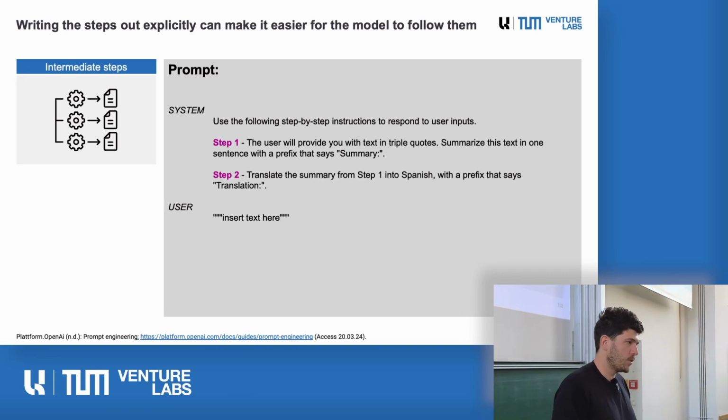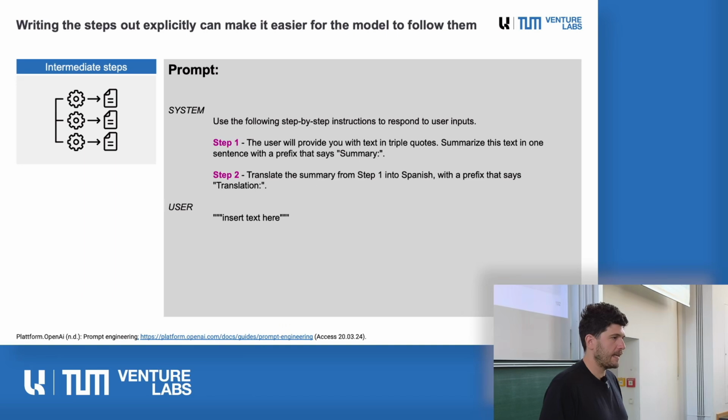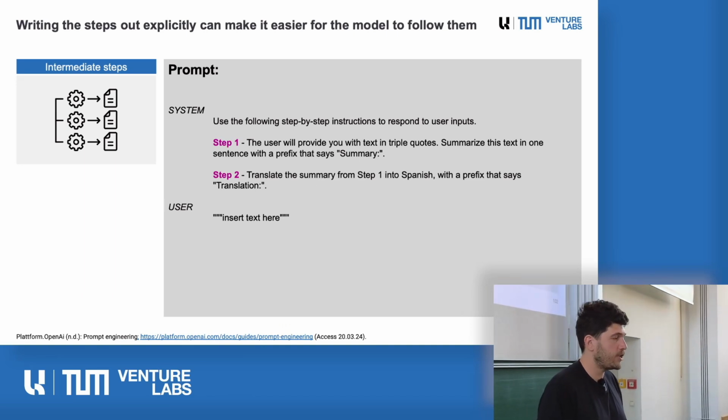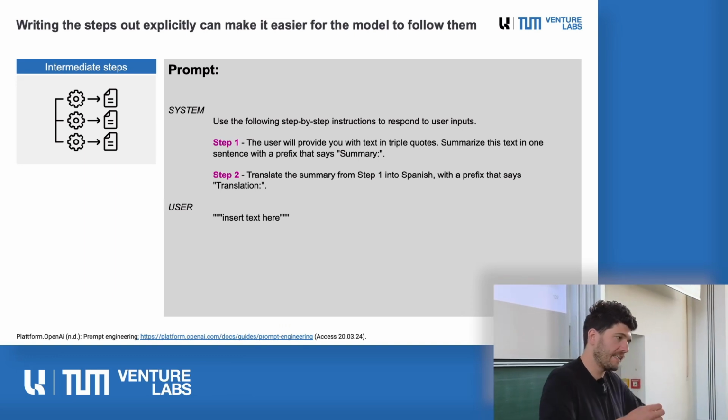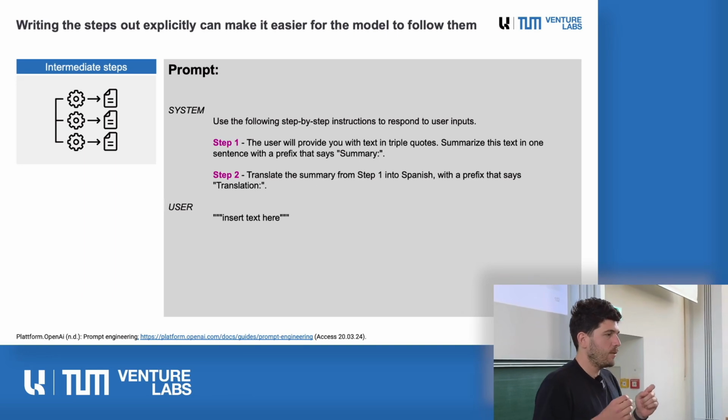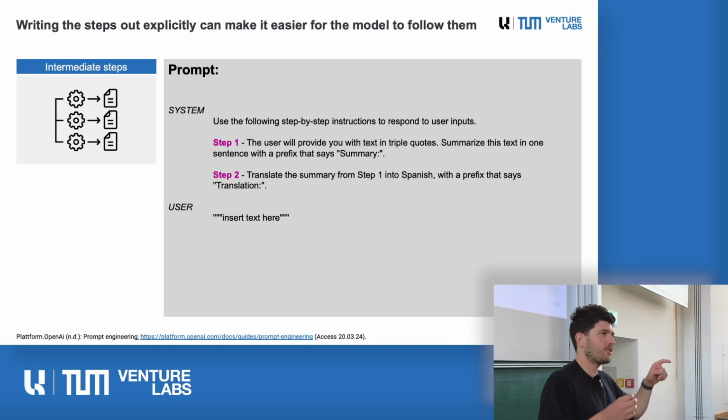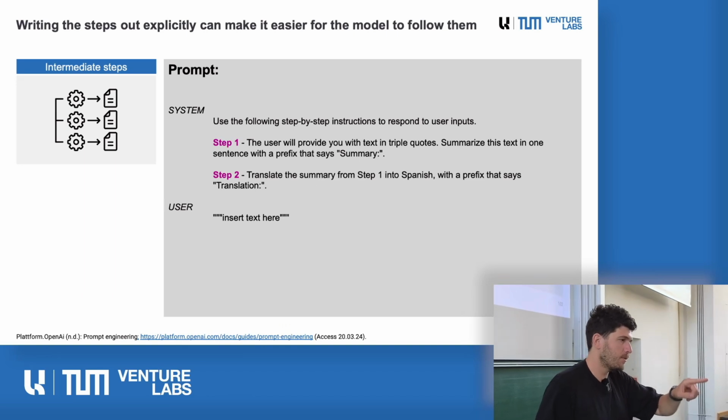It even gets worse. At the beginning of last year, there were very popular frameworks like AutoGPT or Baby AGI, which tried not only that, but also tried to have LLMs create tasks for LLMs, so tried to basically automate the entire process, which terribly failed because it just went more and more to the center.